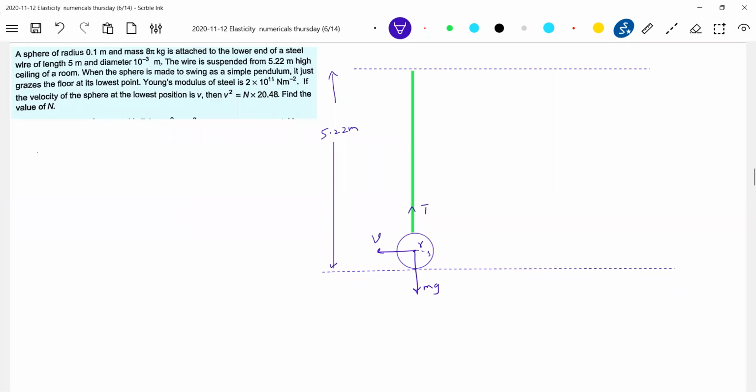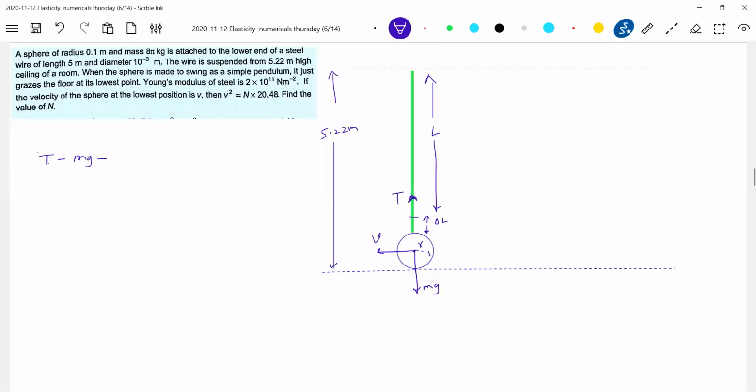The length of the string is L. It has Young's modulus, so will there be any elongation? Yes, there'll be some elongation. So what is the tension?